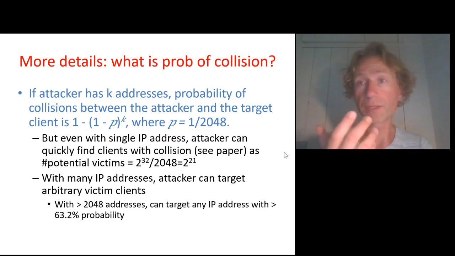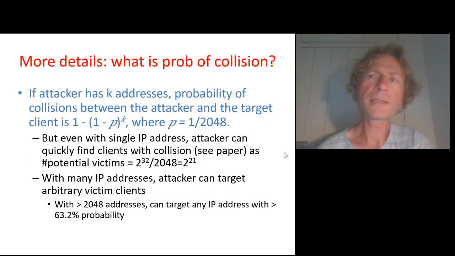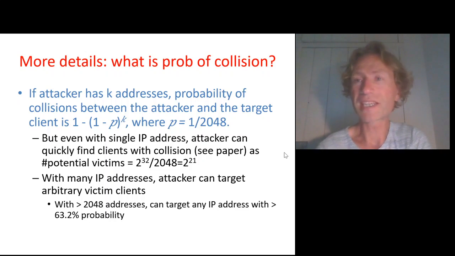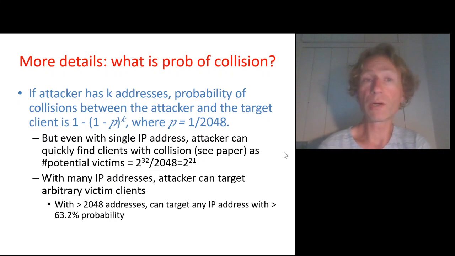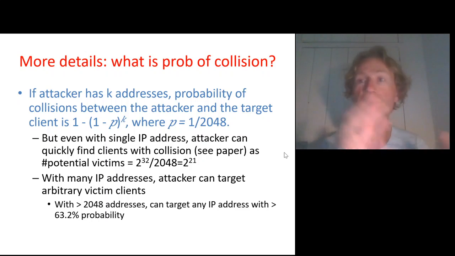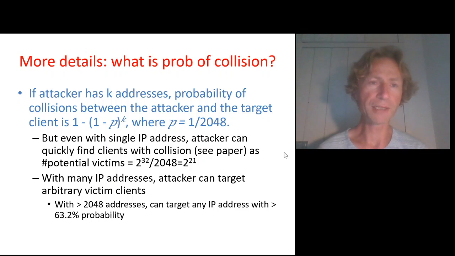So let's have a look at a few more details and consider the probability of the collision. If you have a number of IP addresses, say K addresses, that you can control, the probability of an actual collision between the attacker and a target client is 1 minus (1 minus p) to the power k, where p equals 1 over 2048.